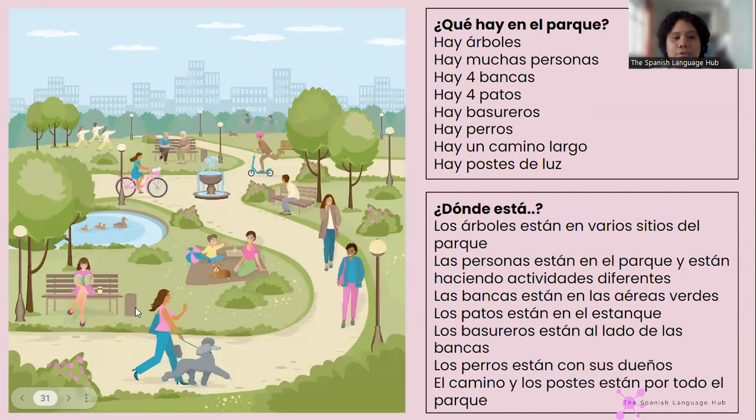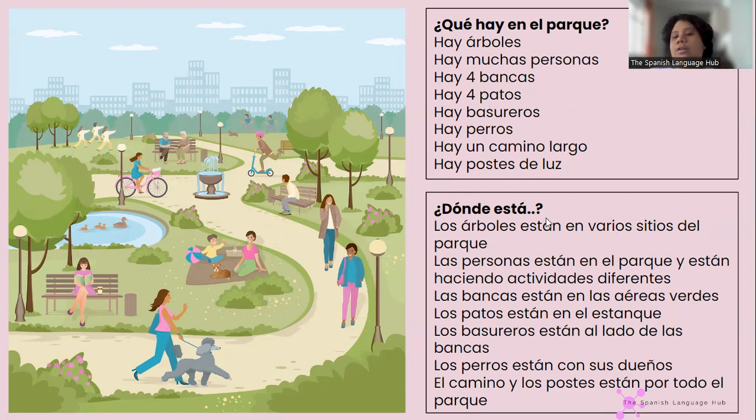Hay basureros, right here. Hay perros, hay un camino largo y hay postes de luz. So here again, with hay I'm just listing the things that I can see in the park.